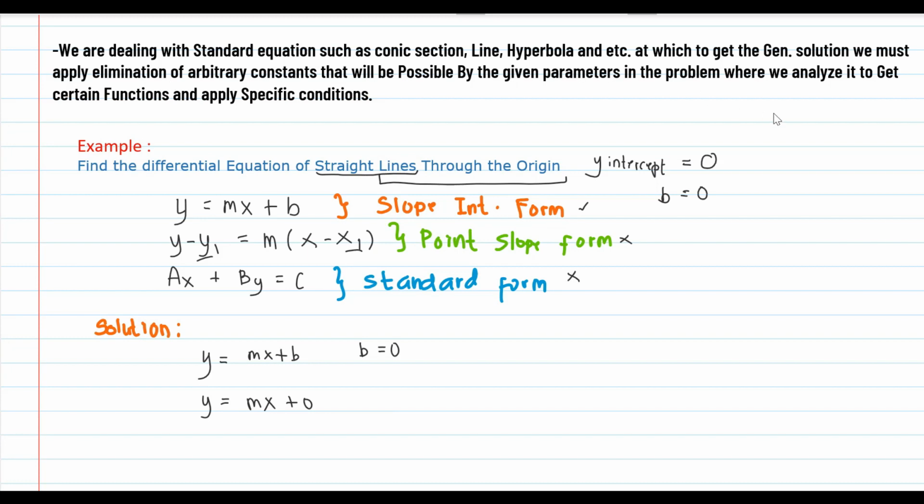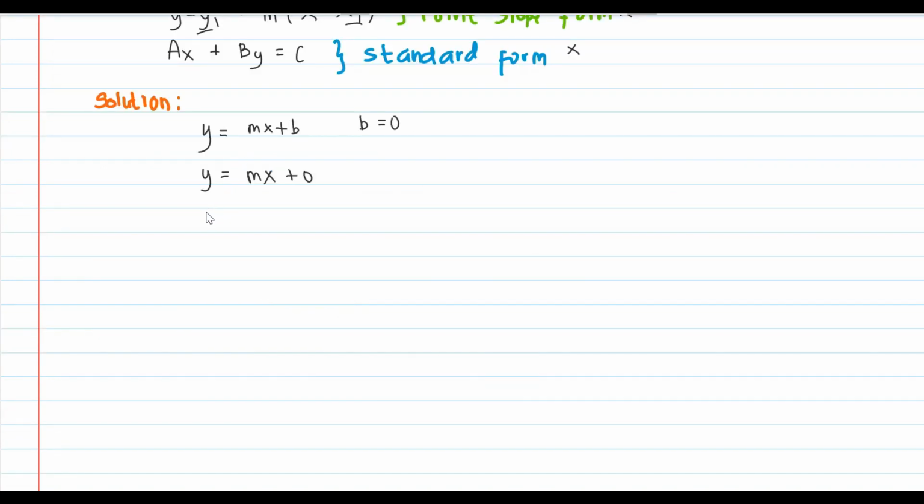We get the certain functions and apply specific condition. The next thing that we must do is to apply the elimination of arbitrary constants. To do so, the first step is to identify how many arbitrary constants are present in the equation.